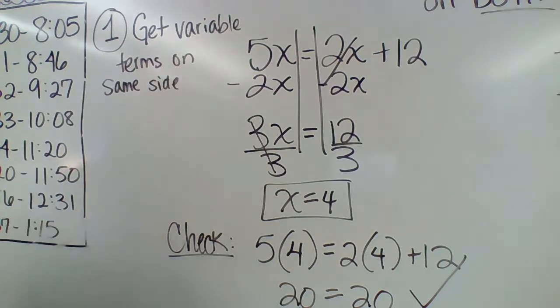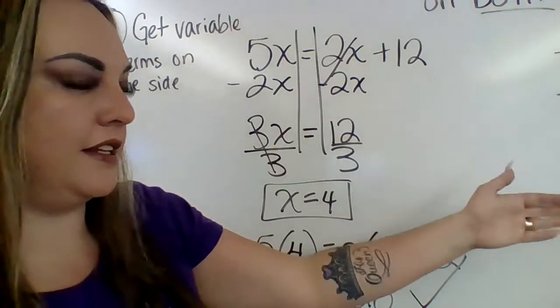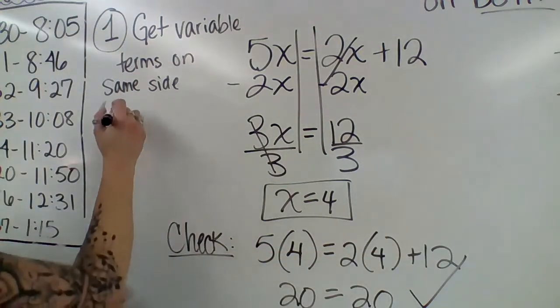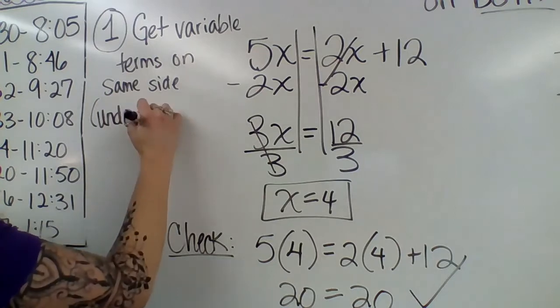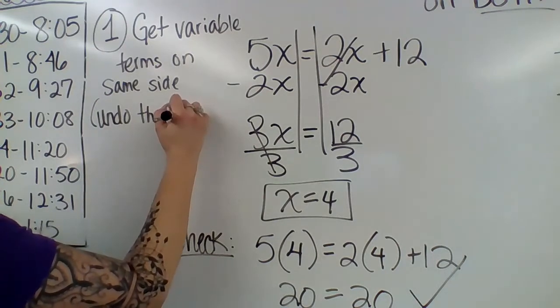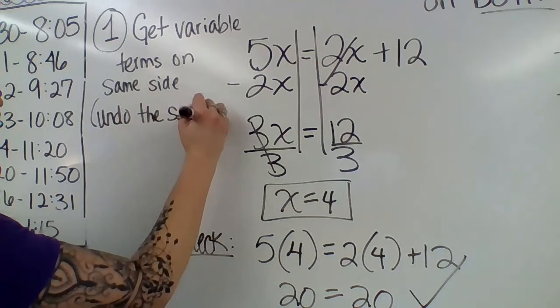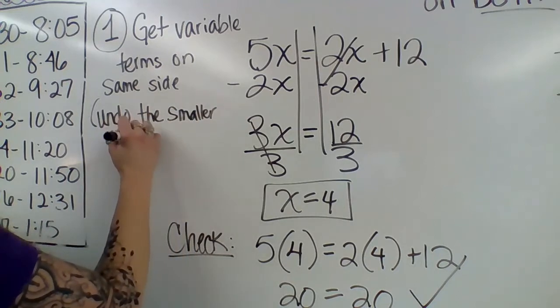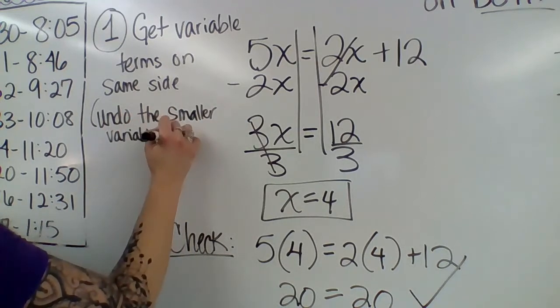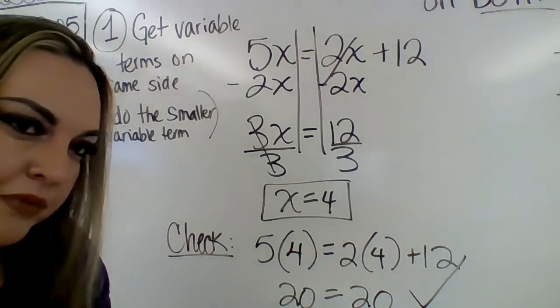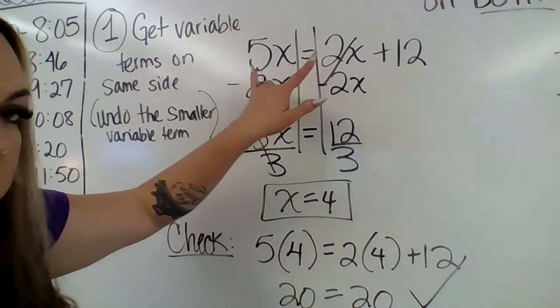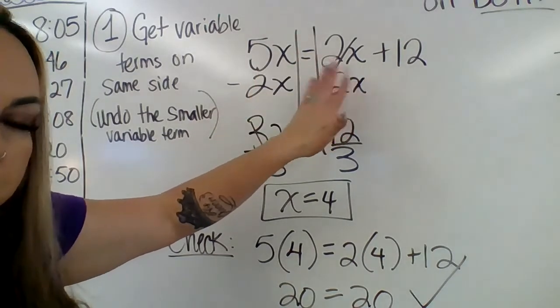It could be the left side, it could be the right side. How you're doing that is you're going to undo the smaller variable term. So you're going to compare the coefficients, okay? Whatever coefficient is smaller, you're going to undo that one from that side.